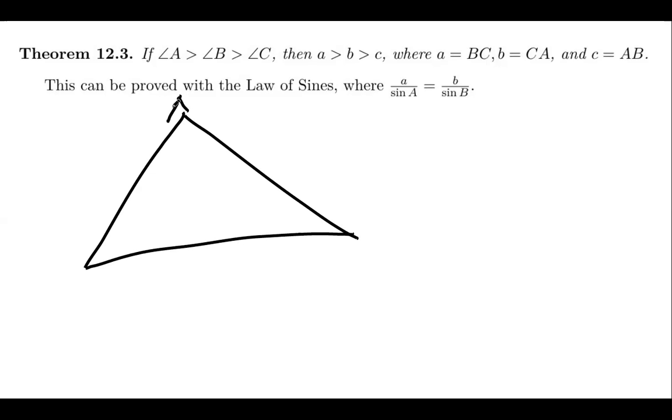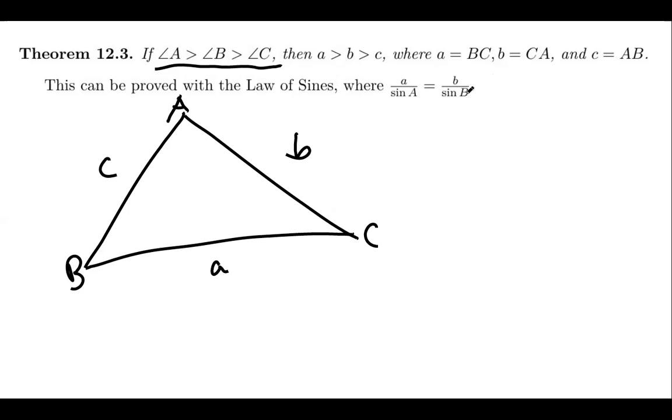So if you have A, B, and C, such that A is greater than B is greater than C, that means that the opposite sides, so side A would be opposite angle A here, same for B and C. Side A would also be the greatest, B is less than A and C is less than B. So this is something that you can prove with the law of sines.